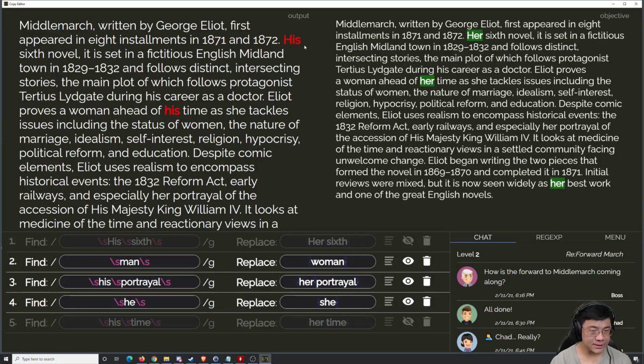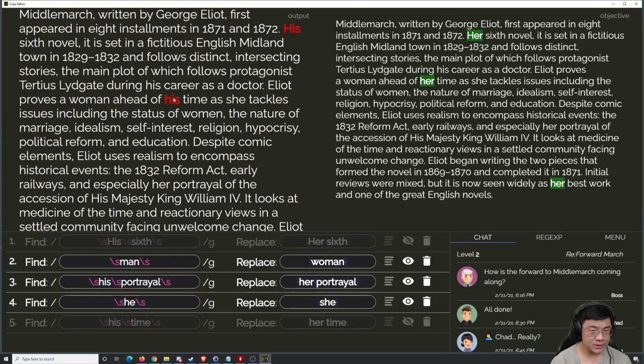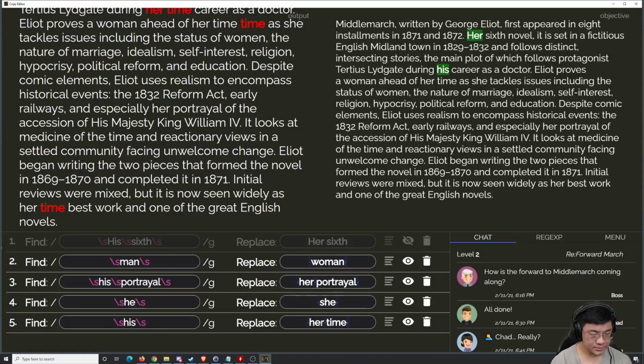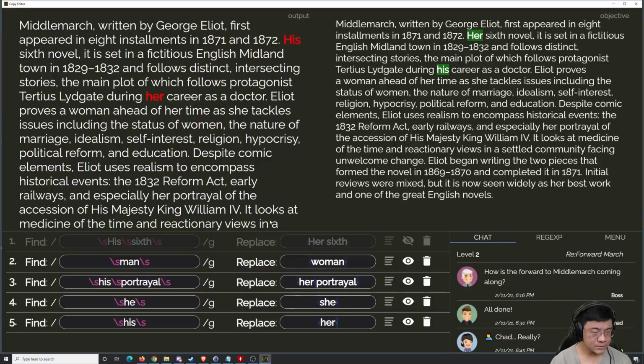So you're trying to match one capital H "his" and then 2 small h's. So it seems like this could just be right.